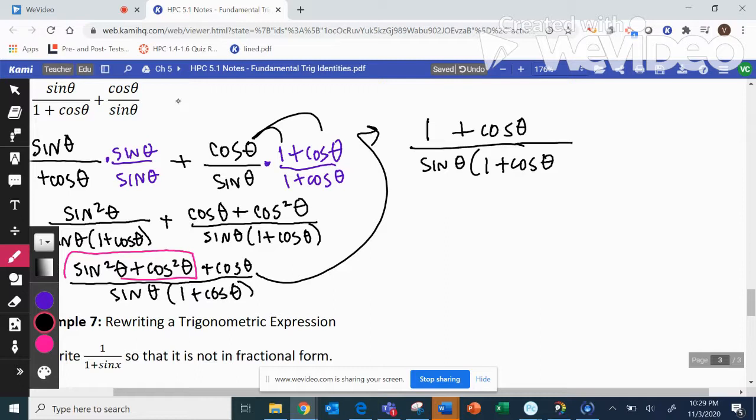Now I am very glad I did not distribute the sine theta on the bottom, because on the top the entire numerator is 1 plus cosine theta, and I have a factor on the bottom that is 1 plus cosine theta. So those will cancel each other out. And I still have a 1 up top, and then over sine theta, which is cosecant theta.